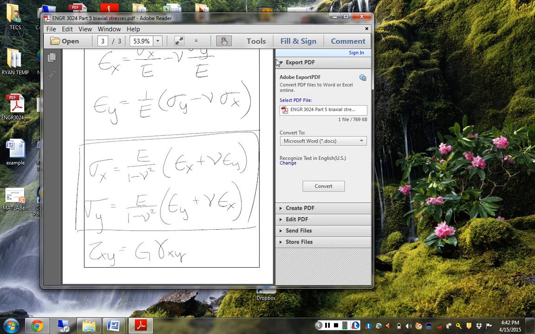So tomorrow we're going to measure hoop and axial strains, and these two equations will allow us to calculate hoop and axial stresses. All right? Y'all all got that situated?